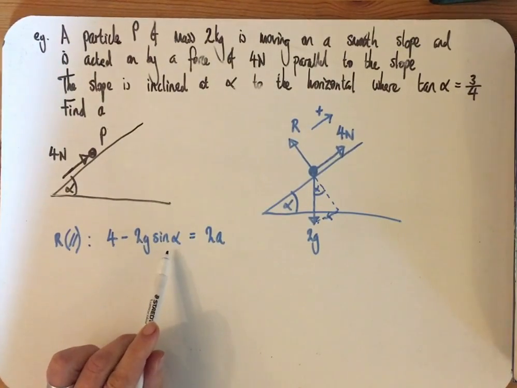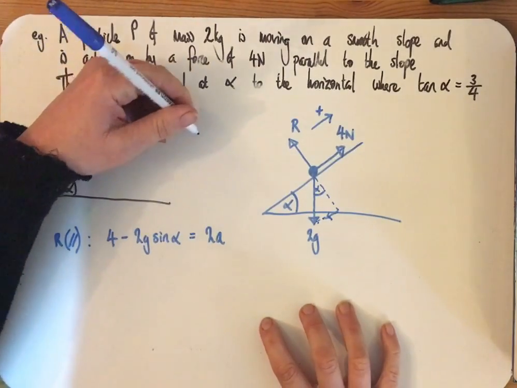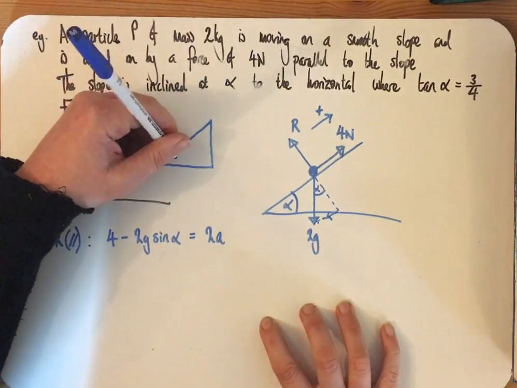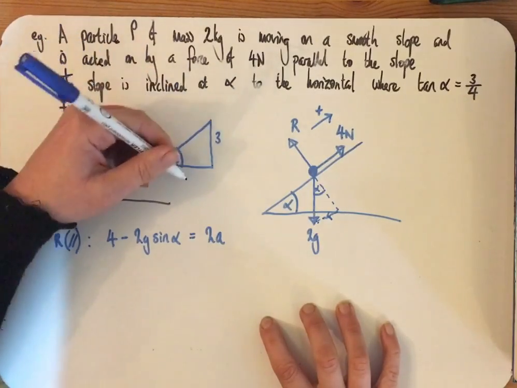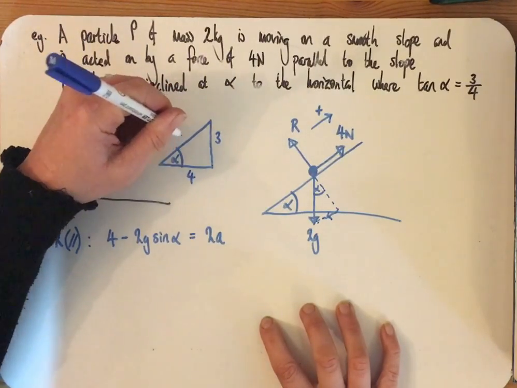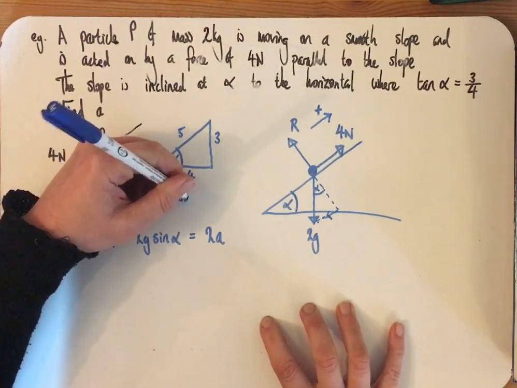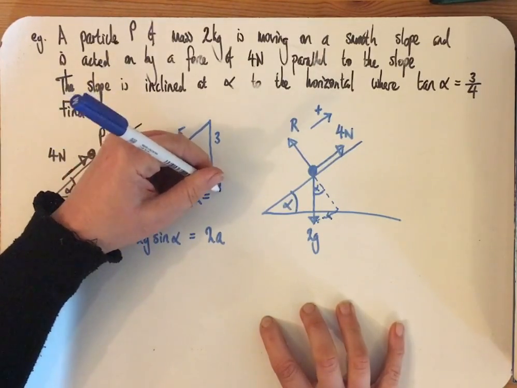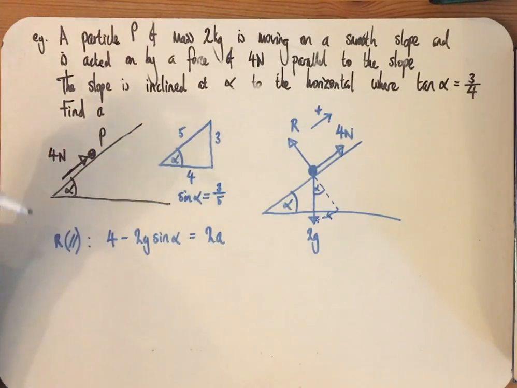And what you need to do from here is, if tan alpha is 3/4, draw a right angle triangle. This one's a bit easy in a way because it's a 3, 4, 5 triangle. But alpha there, opposite over adjacent, and then use Pythagoras to find the hypotenuse. And so sine alpha is equal to opposite over hypotenuse, which is 3/5. And then you can keep your exact form, which is just a bit tidier really.